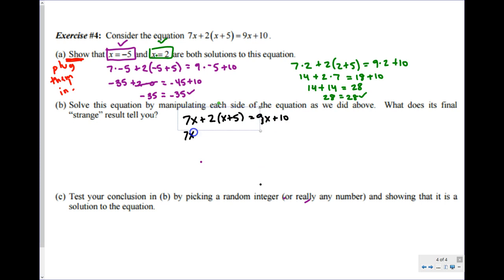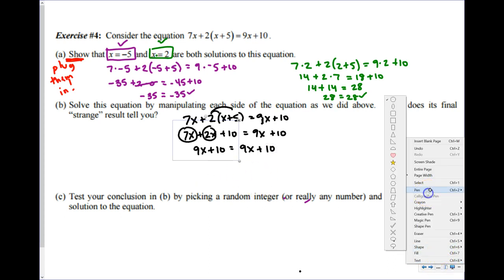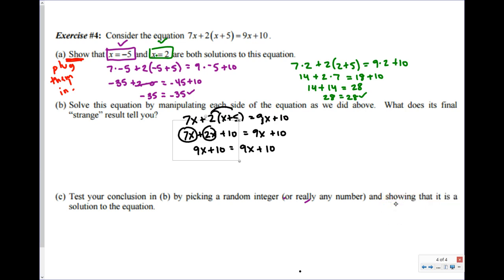I'm going to carry down the 7x and distribute the 2, so I get plus 2x plus 10 equals 9x plus 10. I'm going to combine like terms: 7x and 2x become 9x. I'm going to stop right here, and I want you to notice that both sides have exactly the same expression: 9x plus 10 equals 9x plus 10.